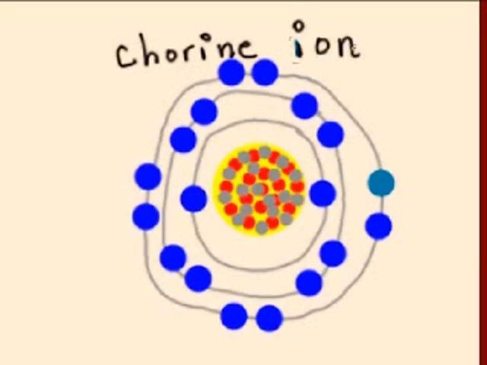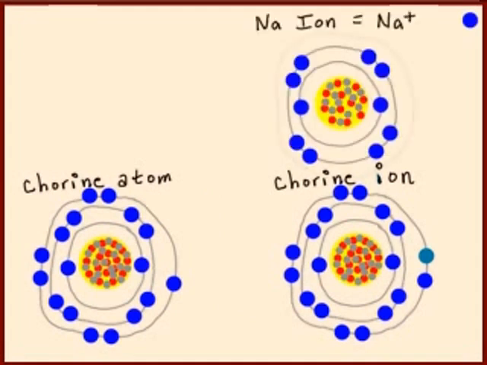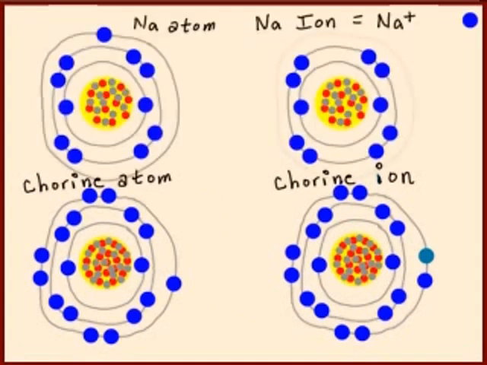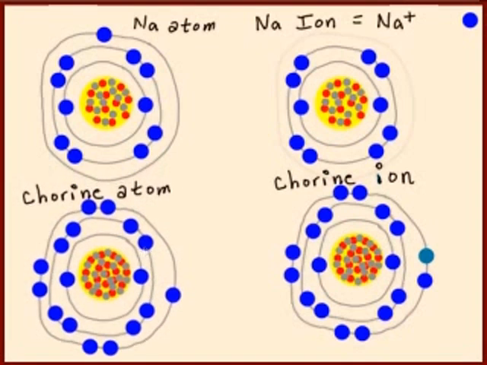Okay, so let's zoom out here, and now let's look at everything we've talked about so far. Let's see here, make sure I have space for everyone. I think I need to move my chlorine atom down a little. If I can, move that down, and move my chlorine ion down a little.